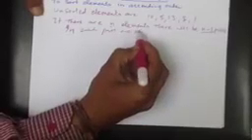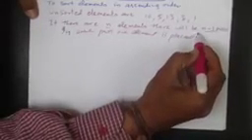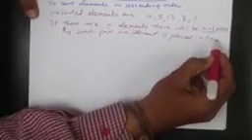For example, if I take the elements as 10, 5, 13, 8 and 1. One important thing to keep in mind is if there are n elements, there will be n minus 1 passes. In each pass, one element is placed in its final position.